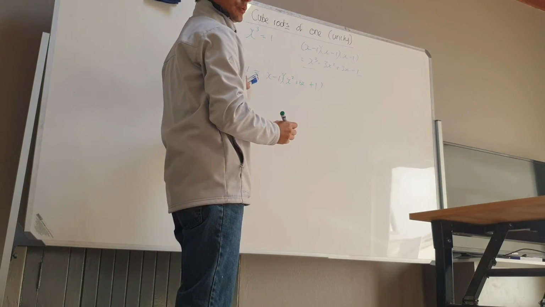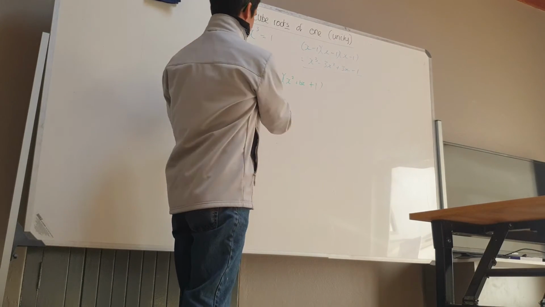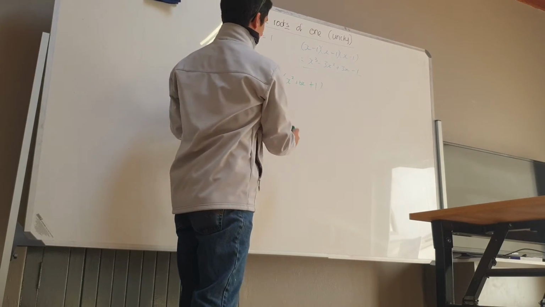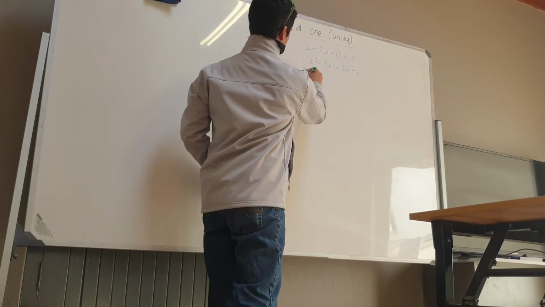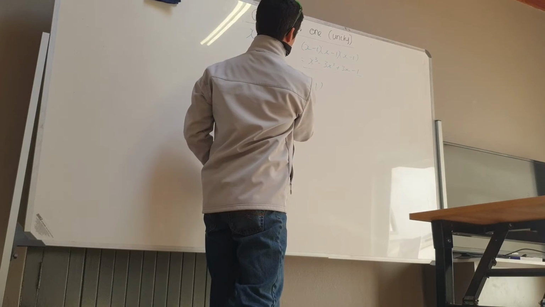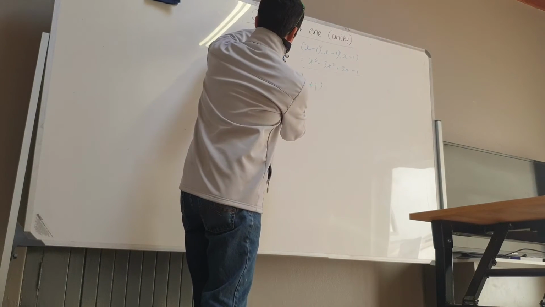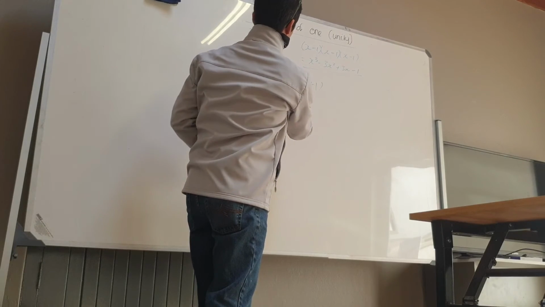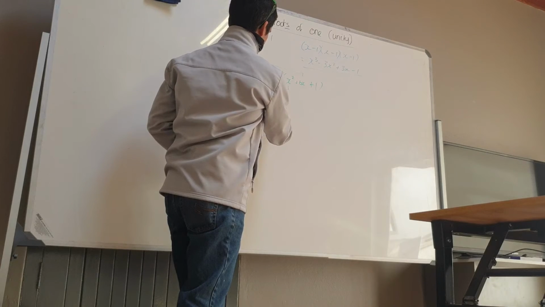What's the x squared term on this side? Well, I don't see one, so it must be 0. And now, what gives me x squared on this side? Those two terms and these two terms. So these two give me b, and this one gives me minus 1. So b must be equal to 1.